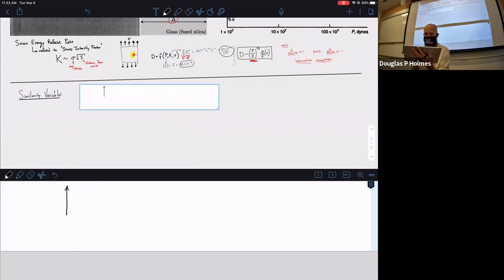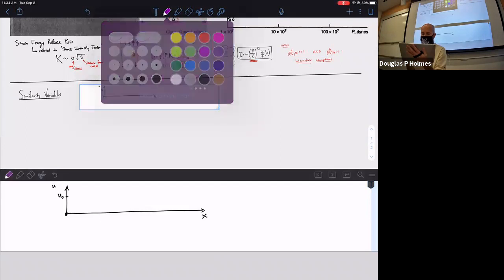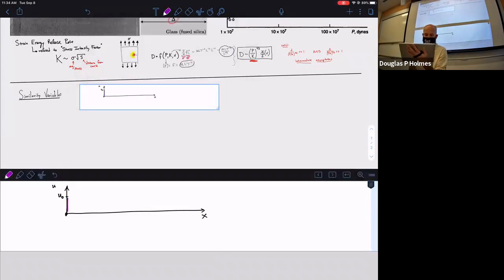We have a variable for the concentration, which we'll call U. We start at some initial concentration, which we'll call U naught. This is our x axis, and at time 0, which I'll color purple, all the stuff is here.